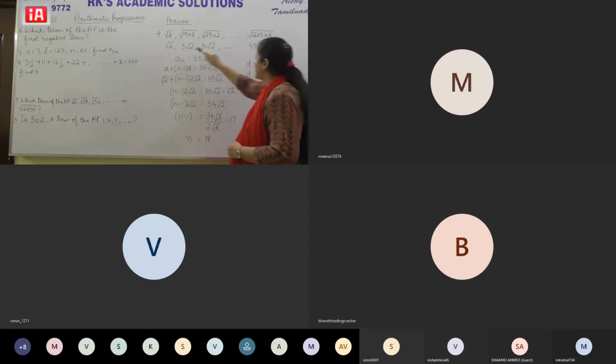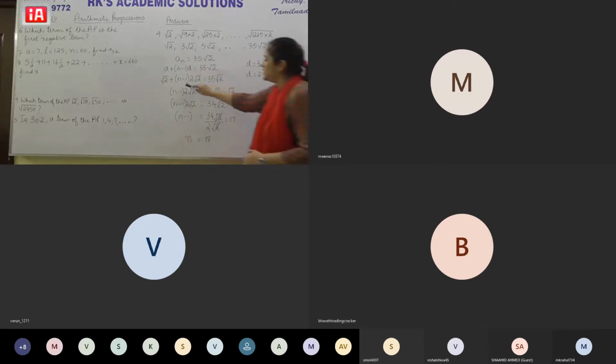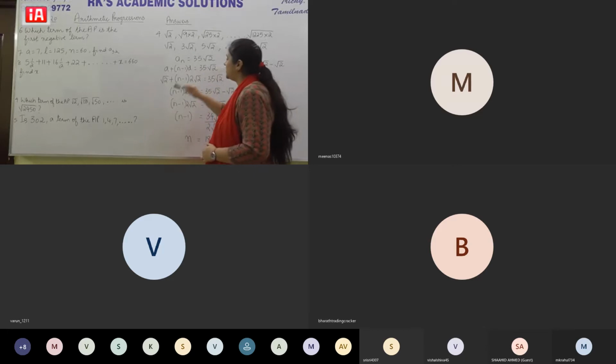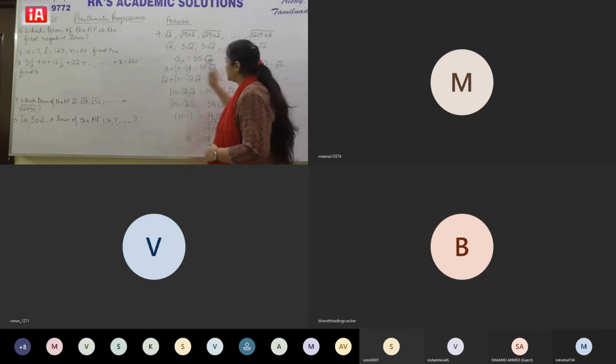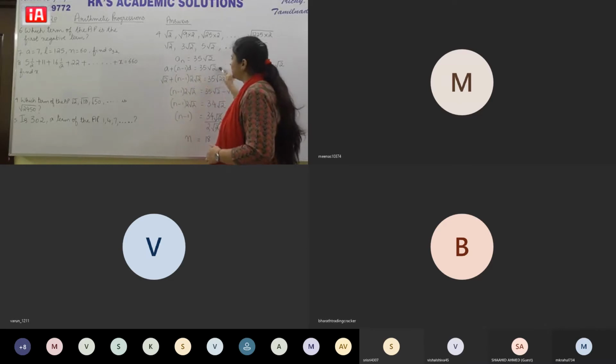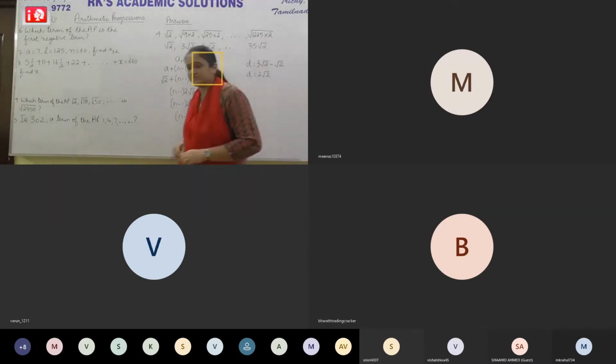So we have the values of a and d. Substitute. See, this equation basically has three unknowns, a, n and d. Of the three unknowns, you know the values of a and d. So by working this equation, you can find the value of n.